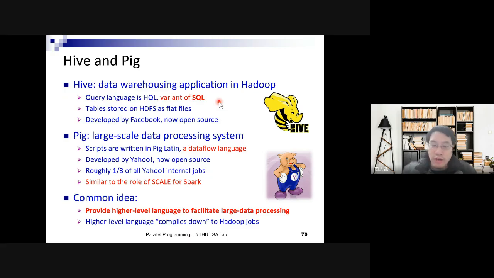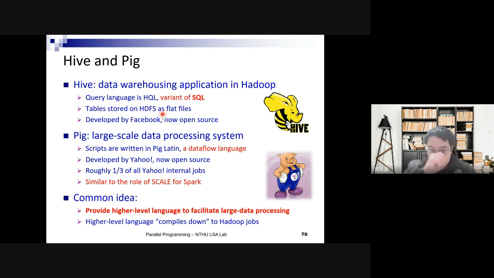Therefore, the query language also doesn't support operations like join. But for other operations supported by the NoSQL database, the query language will look the same. That's why it's called a SQL-like language.